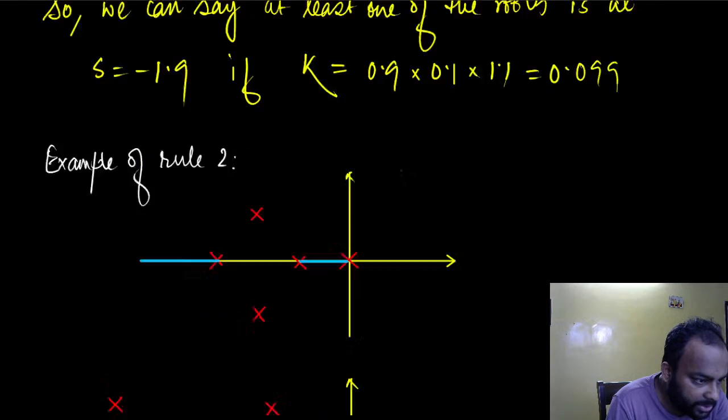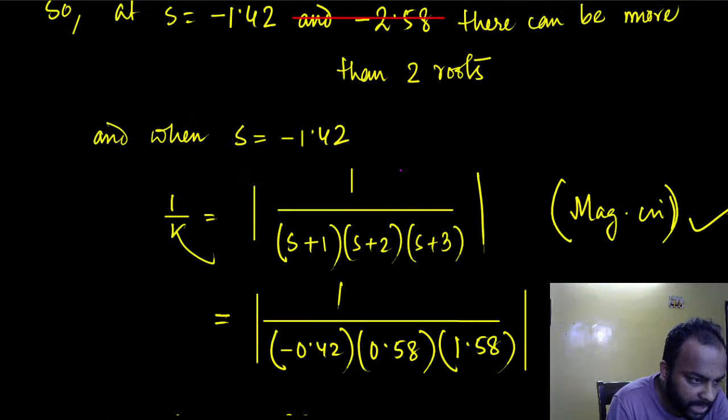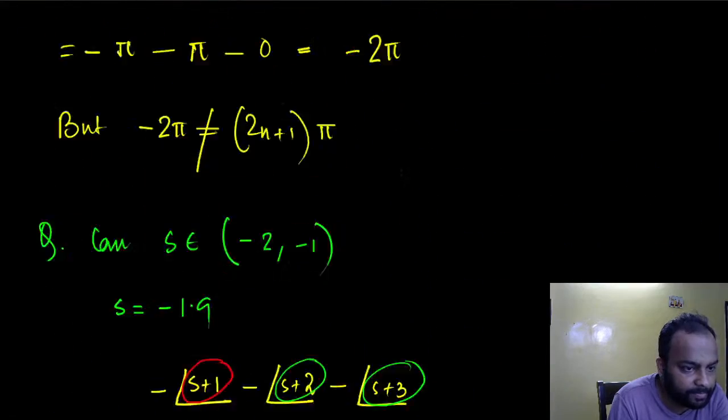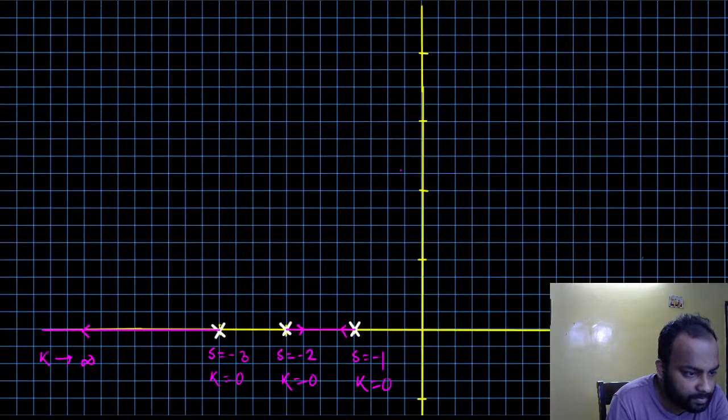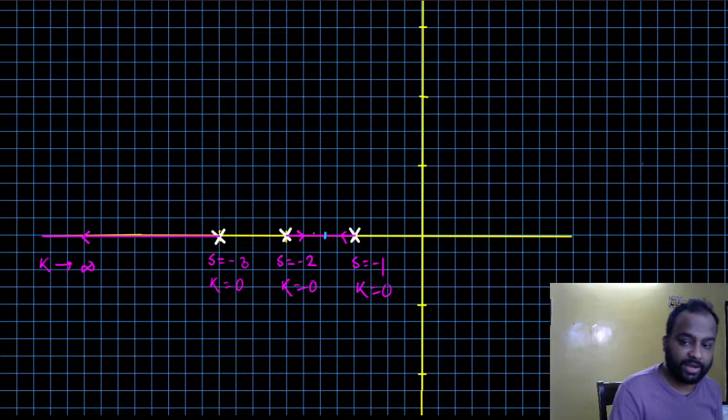What was the point at which they break away? That was minus 1.42 and the gain was 0.385. So that's gonna be here really. Here is the breakaway point. Those of you who are attending this class through a phone might have difficulty in seeing this thing, right?